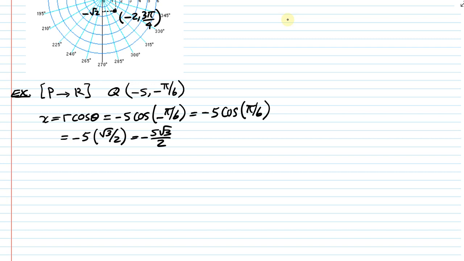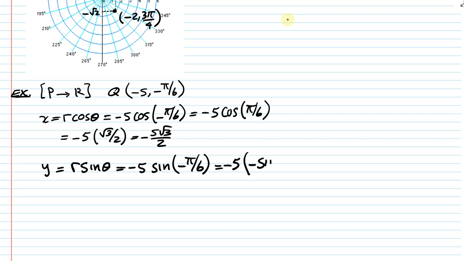X is negative. And let's do y. Y is r sine theta. And r is negative 5. This time I have sine of negative pi over 6. The sine of a negative angle is going to be negative sine of the positive angle, pi over 6. See the negative here? It offsets the negative in here. Okay. And double negative makes positive, so that's simply 5 times sine of 30 degrees, which is 1/2.